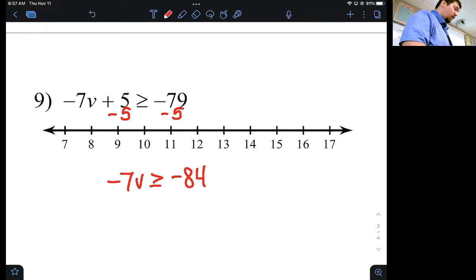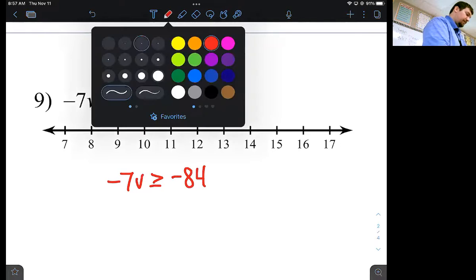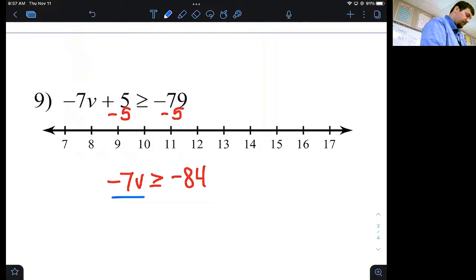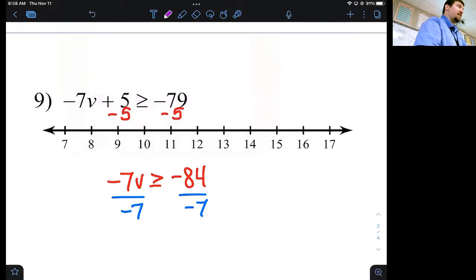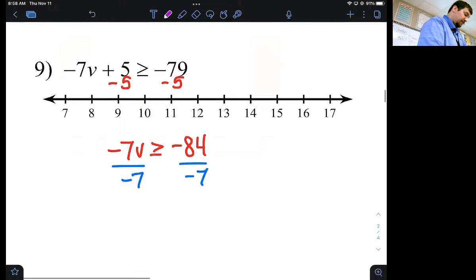So negative 84, and then Maddie Yentes, what am I going to do to get rid of the negative 7 there? So you're going to divide by negative 7. Okay, and does that mean anything special has to happen? You hear that? We are going to have to flip the sign, right? Because I'm dividing by a negative. So V is now going to be less than or equal to, and then Maddie, what's negative 84 divided by negative 7?